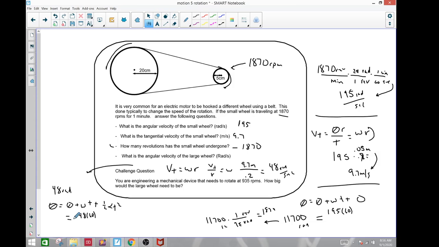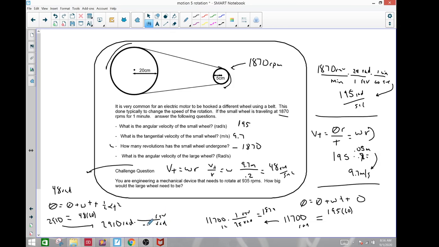48 times 60, 2,910. So this has gone through 2,910 radians. All right, let's go to revolutions. 2,910 radians. Get rid of my radians and go to my revolutions.